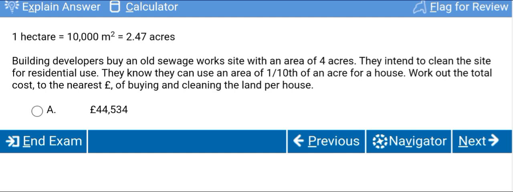They know they can use an area of 1 by 10th of an acre for a house. Work out the total cost to the nearest pound of buying and cleaning the land per house.